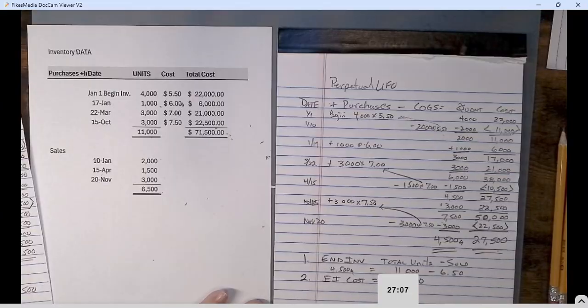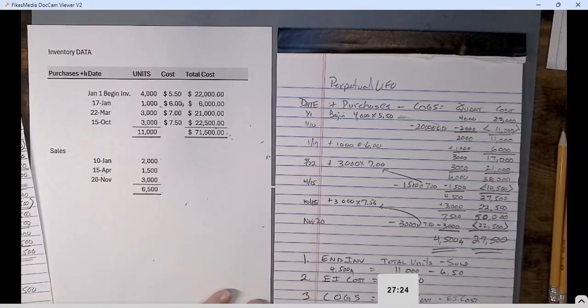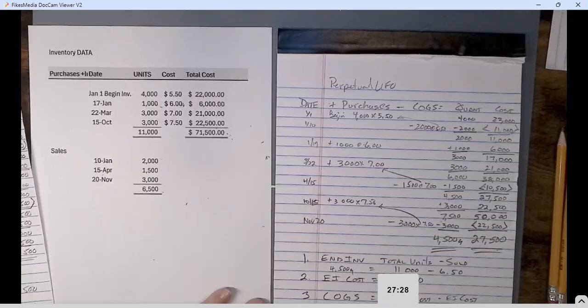These are the answers like to a multiple choice question or a simulated problem. The cost of goods sold is equal to total cost minus ending inventory cost. Okay, minus 27,500. Total cost was 71,500.